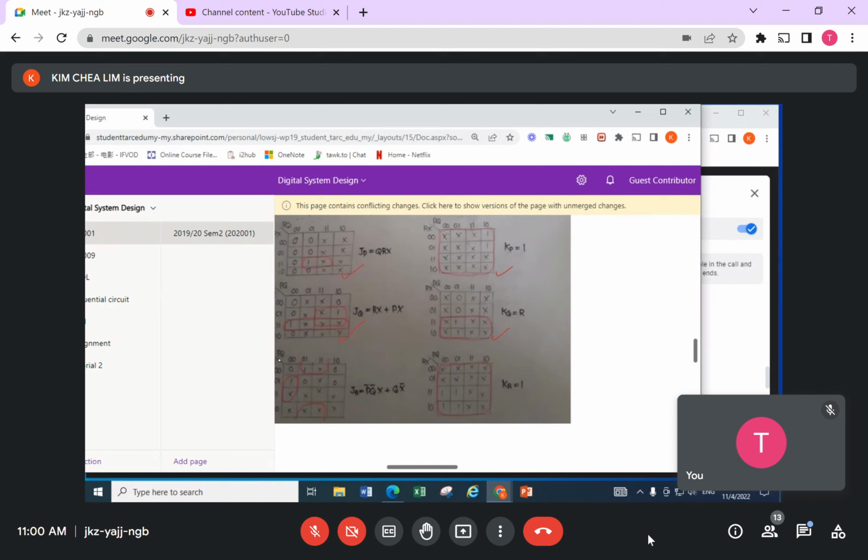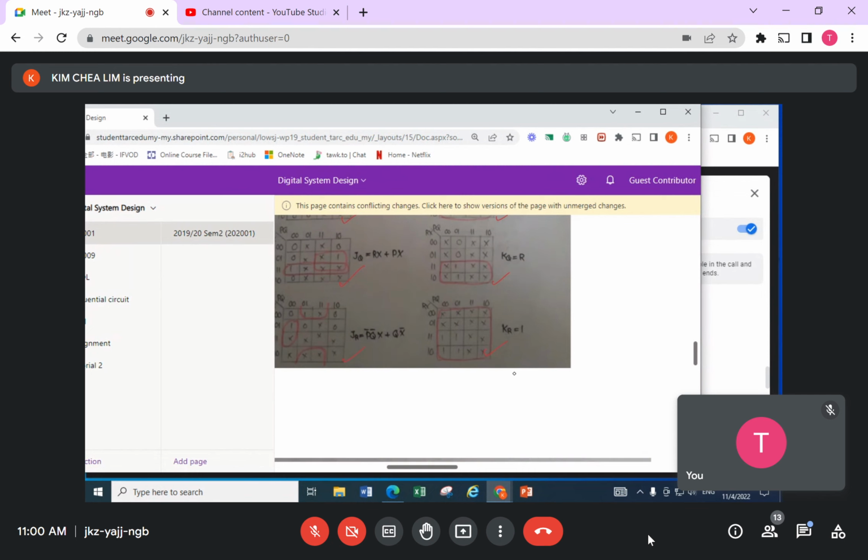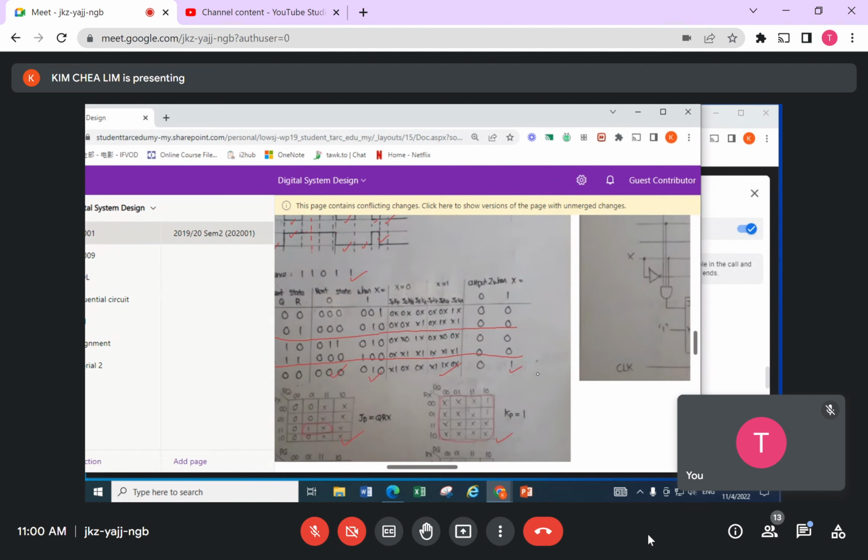This one here 0, 1, X 0, 1, 0, X 0, X, 1, 2, 3, 4. Yes, 1, 2, 3, 4. The output, that one I never prepared the Karnaugh map, so it's a little bit high risk, because we have don't cares. Never mind. Later on, we check the output parts.